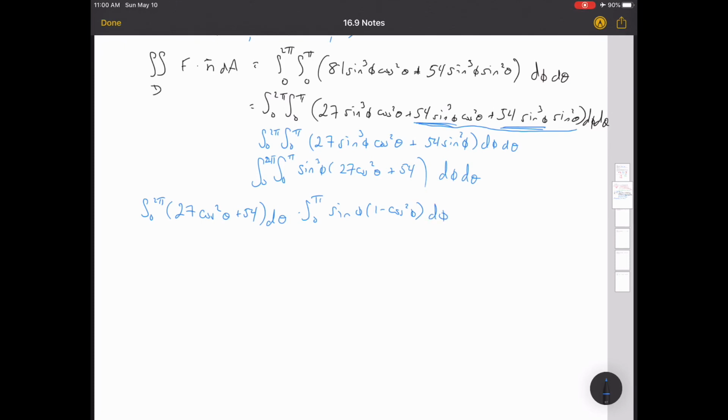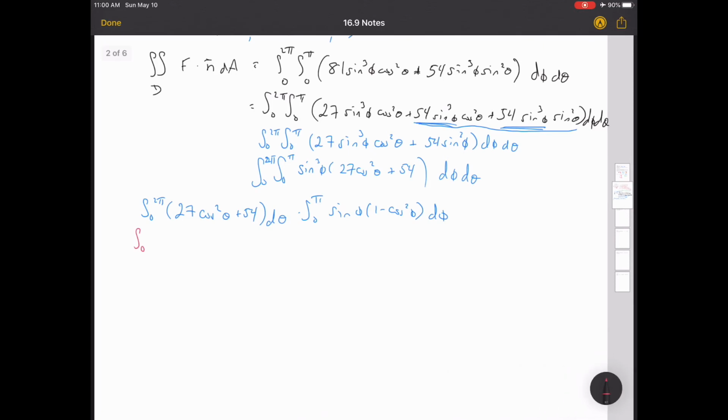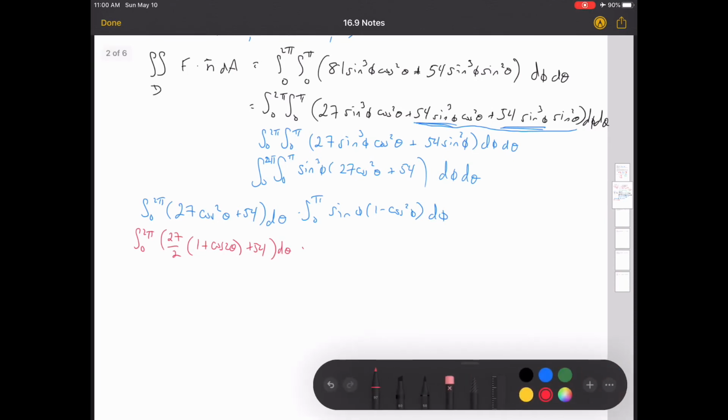Alright, on the first one we're going to have to do a reduction. So let's go ahead and reduce. So that's going to be 27 halves times 1 plus cosine of 2 theta, and then plus 54 d theta. And over here we're going to have to do a u substitution.